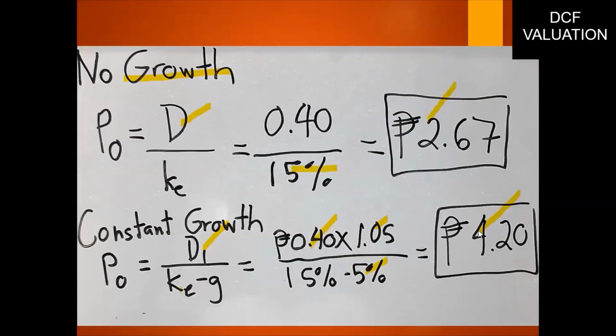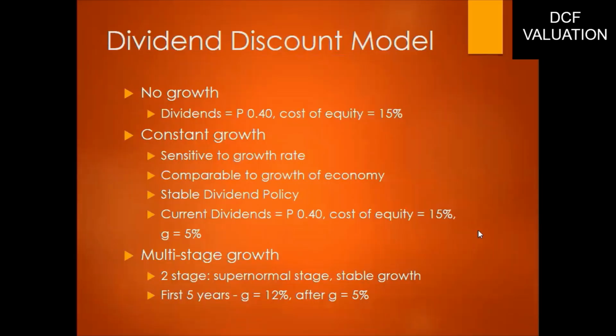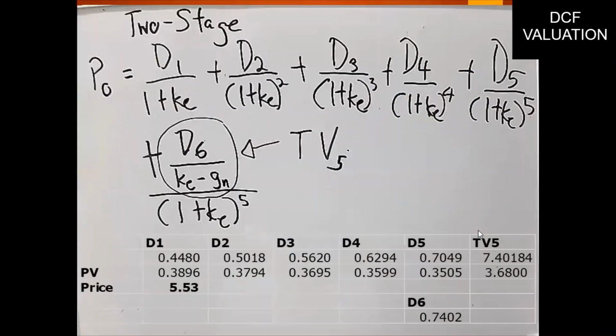Now, what if we have a multi-stage growth? In our example, 12% first stage, 5% for the stable or constant growth, the terminal stage. In that case, we can identify 2 stages.